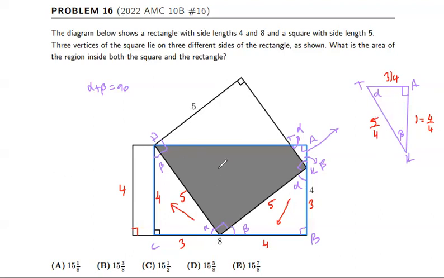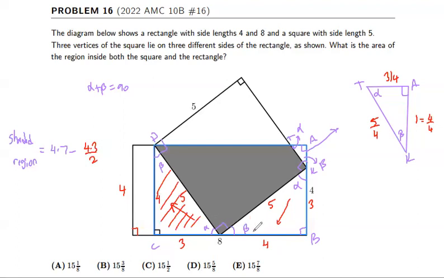So the shaded region is equal to the area of this blue rectangle, which is 4 times 7, minus the area of this guy, which is 4 times 3/2.